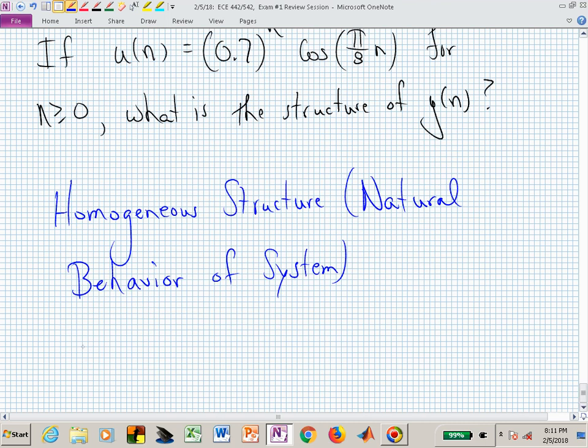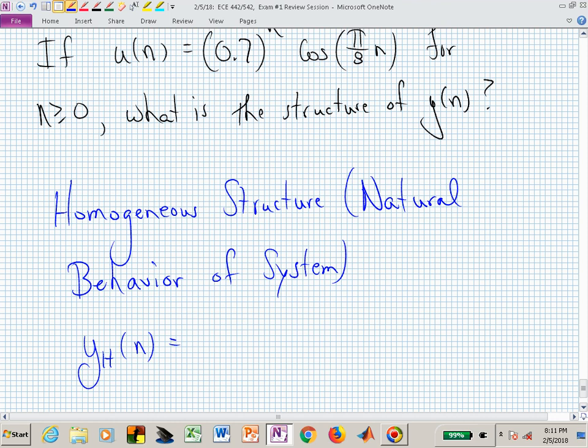Can you write that down, knowing what you already know? What do you know? You know the poles, you know the eigenvalues. Those are the same. Does that tell you anything? That's exactly what determines the natural behavior of your response.